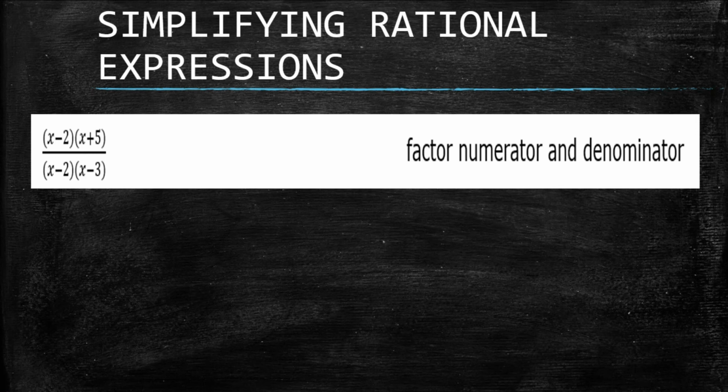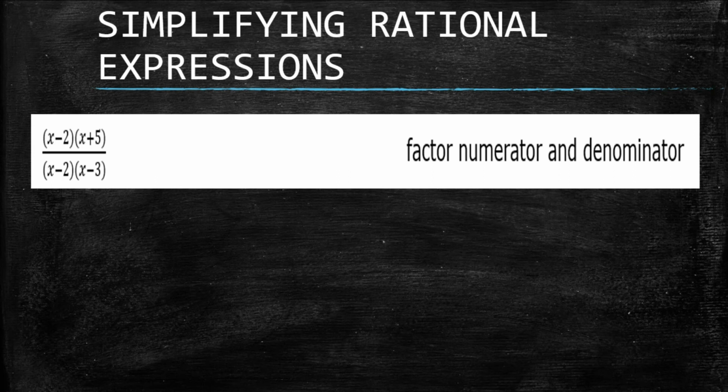Then we can factor it by just thinking of numbers that if we multiply is negative 10 and if we add is 3. And that is negative 2 and positive 5, because negative 2 times 5 is negative 10 and negative 2 plus 5 is 3. Then the factors of our numerator will be x minus 2 and x plus 5.